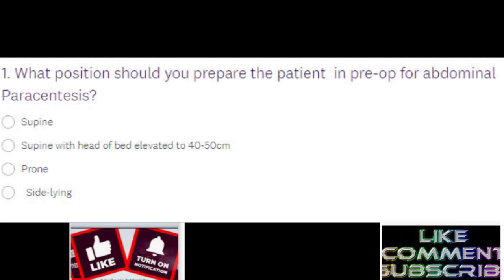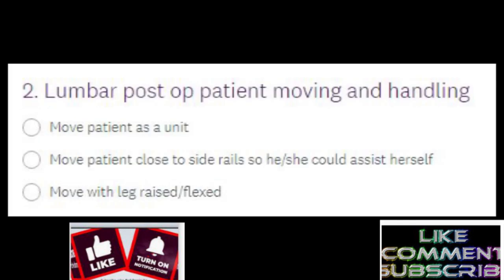And paracentesis is the perforation of a cavity of the body or of a cyst or a similar overgrowth, especially with a hollow needle to remove fluid or gas. So that is paracentesis, and I have already explained abdominal paracentesis and diagnostic paracentesis. So let's move on to question number 2.